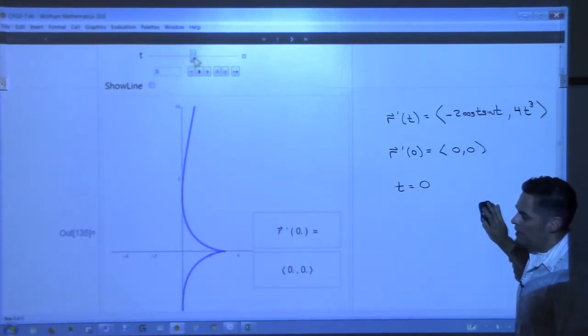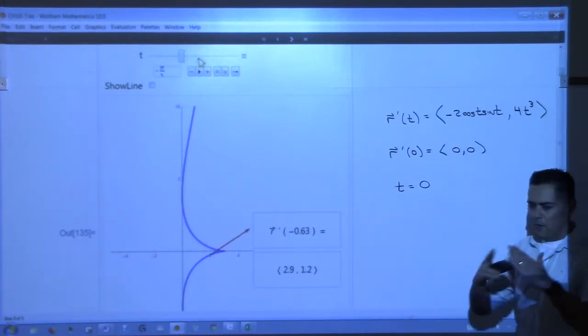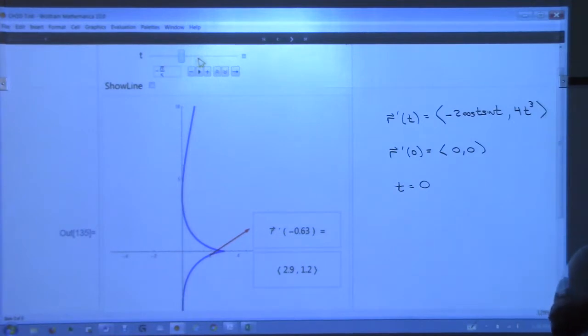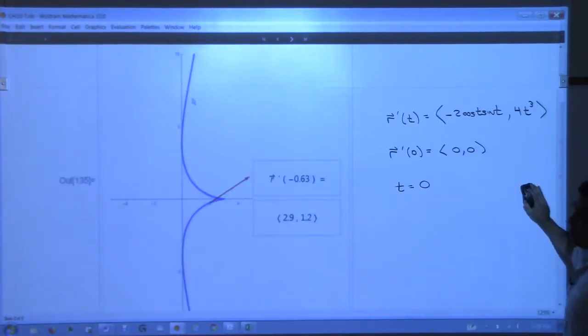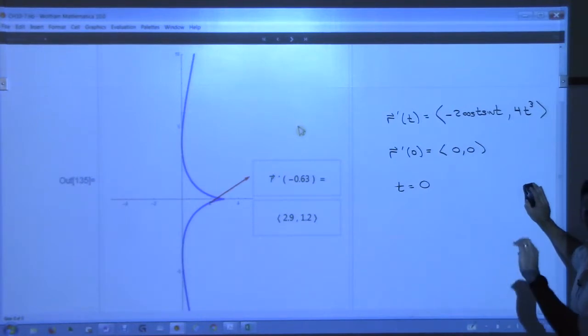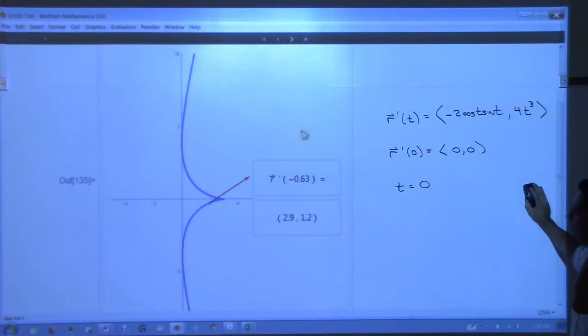To the right and then to the left. That's almost like a cusp, like in Cal 1, a corner. You can just tell by the graph that's not smooth. We have like a cuspy thing happening there. So with vector functions, we have this idea of smoothness, but we have to be careful with this derivative being 0. Okay?